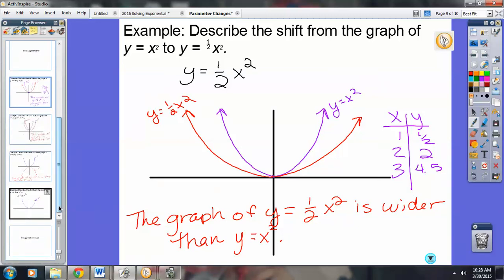There's lots of different things we can do to our problems. Today I'm going to give you some problems to compare. In your calculator, when you're comparing, make sure you leave your first equation in y sub 1, your second equation in y sub 2. When you're comparing things, be specific. Don't say shift it up. Shift it up how many units? Be specific.